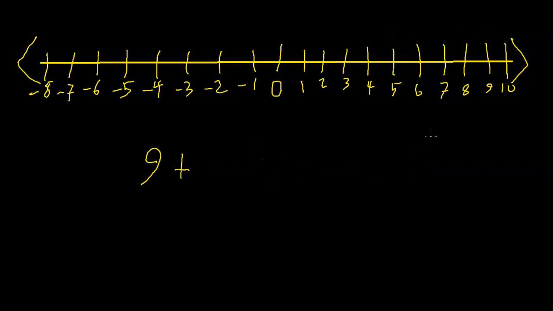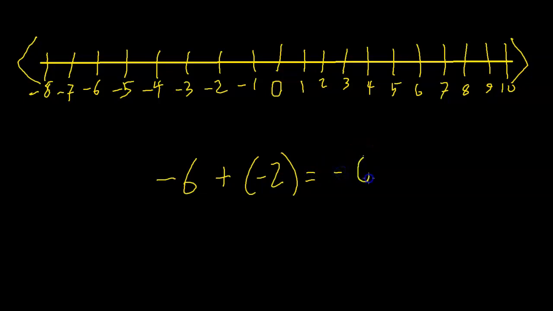Let's try negative 6 plus negative 2. So we know we start at negative 6, right? We're adding negative 2. Remember that adding a negative is the same as subtraction. So plus negative 2 is just minus 2, right?